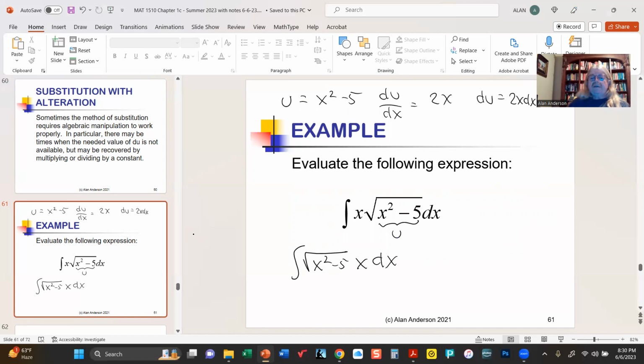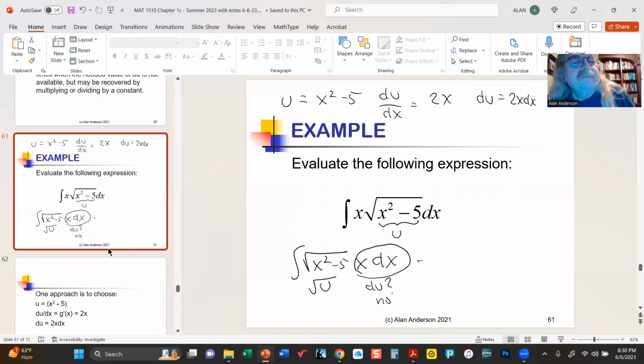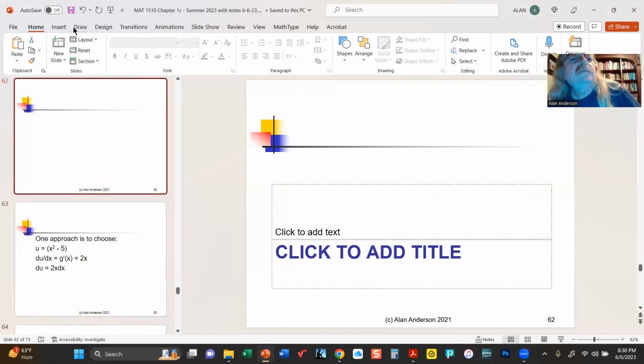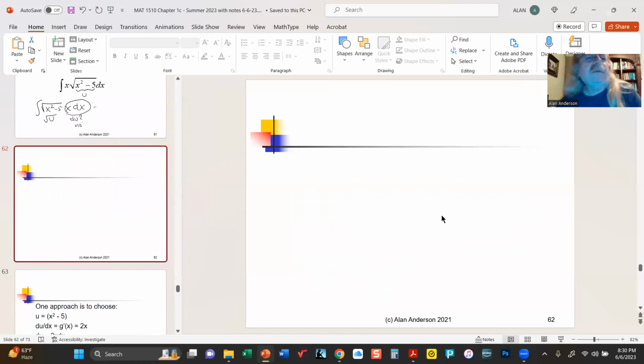Here's u, radical u, I should say. Is this equal to du? What's missing is the 2. So here's what we're going to do. That's not a problem. Here's why. Just copy this again.